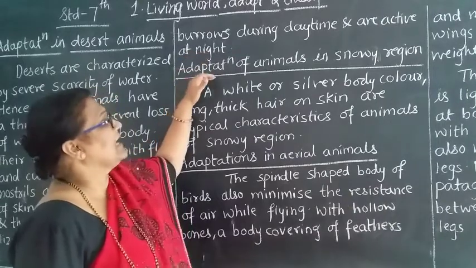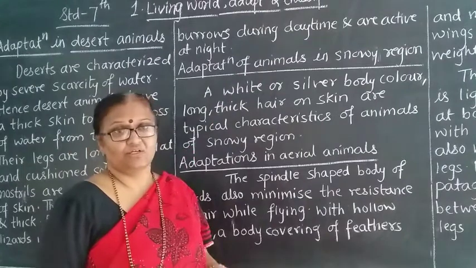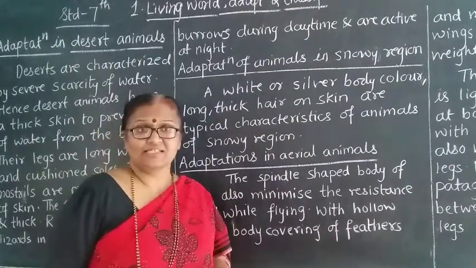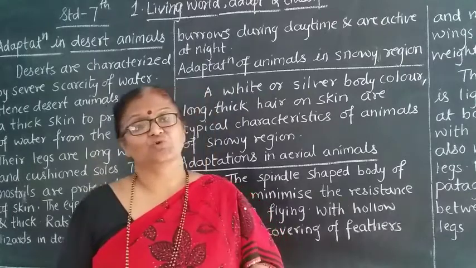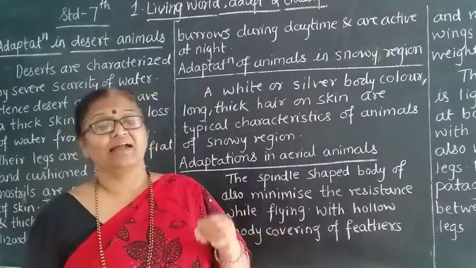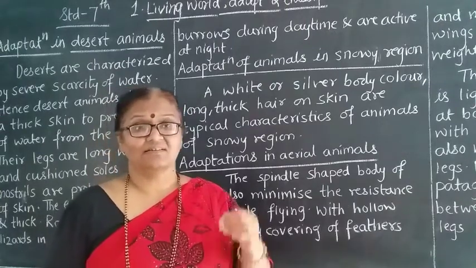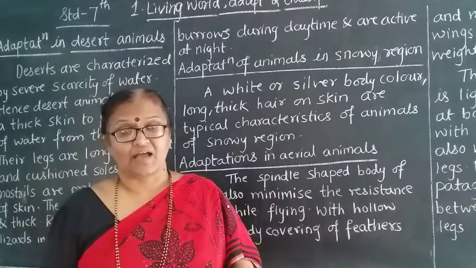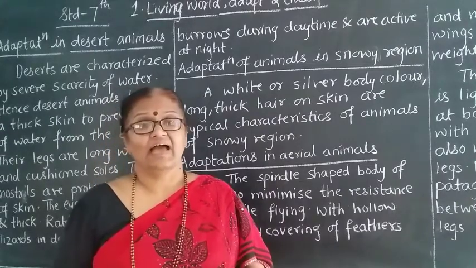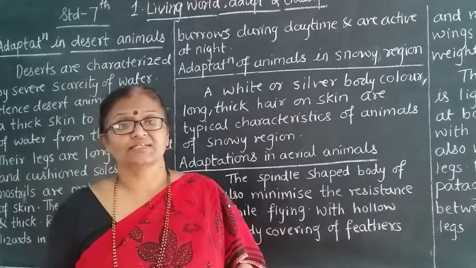Next comes adaptations of animals in a snowy region. Now, before this you have seen the plants' adaptation in the snowy region. At that time, what you have seen is that the trees are in a conical shape and they have leaves which are pointing downwards.